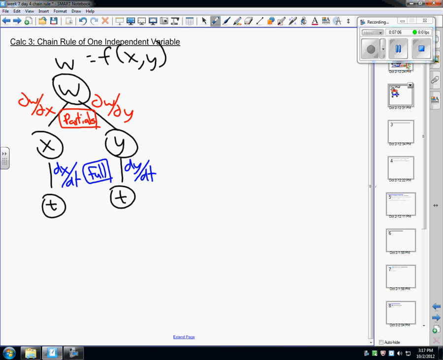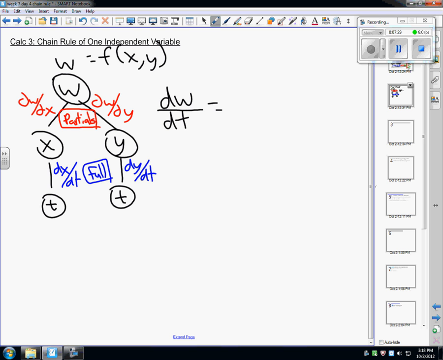So here, I'm telling you, w has some relationship about x and y, and then I'll let you know x varies by t and y varies by t. So if I want to create the whole derivative dw dt, I can say this, dw dt.